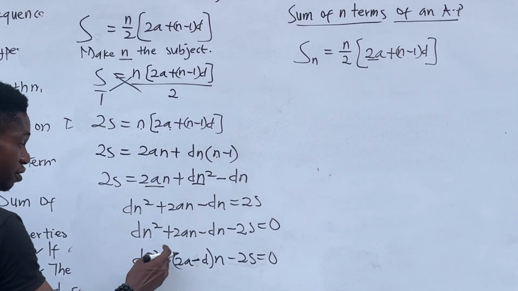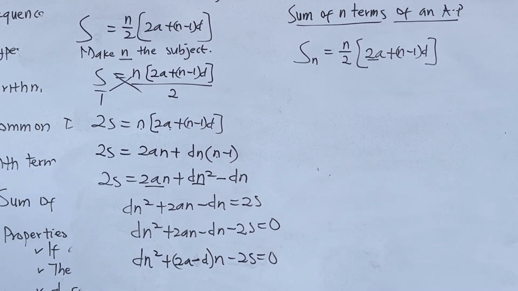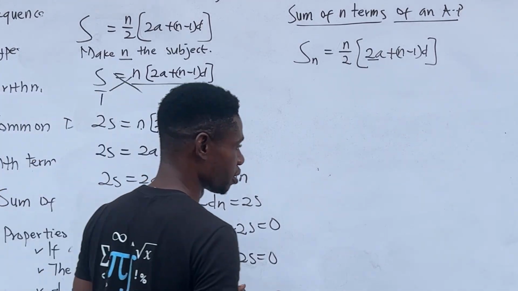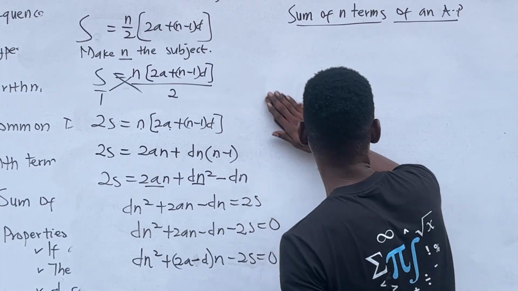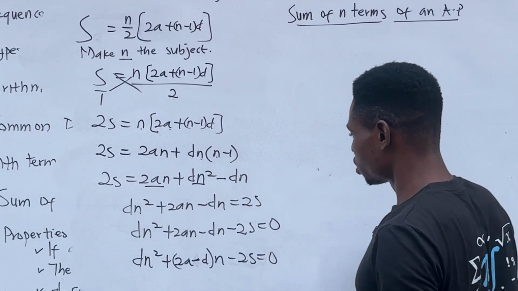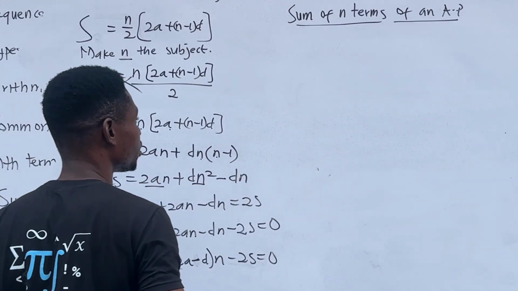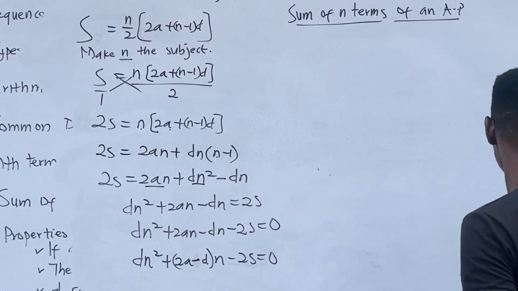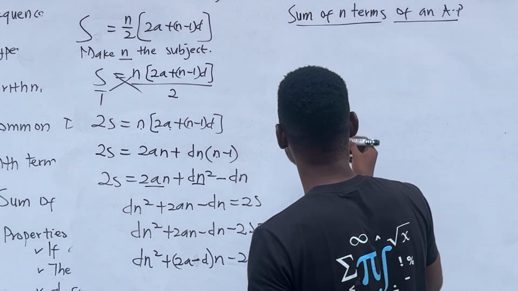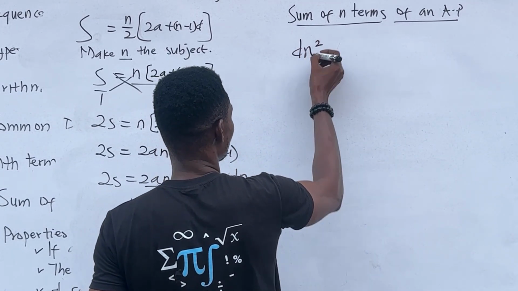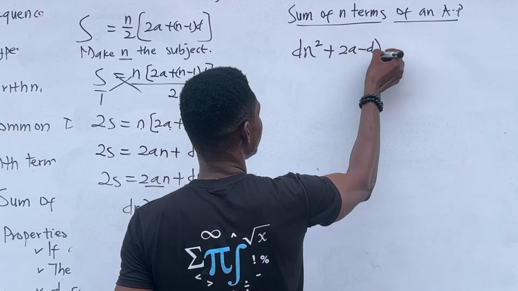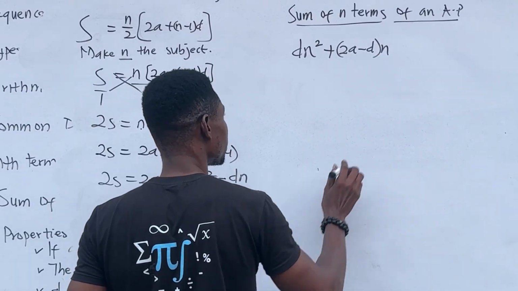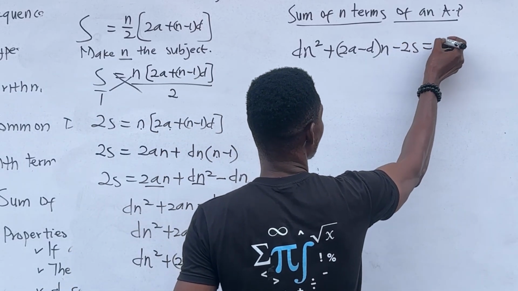Now if you look at this very well, you will see a clear quadratic equation in n. So let me make it obvious. So what we have is dn squared plus (2a minus d)n minus 2S equals 0.